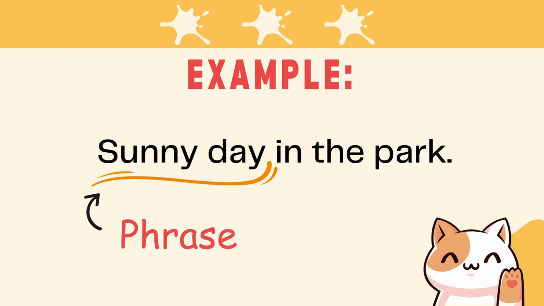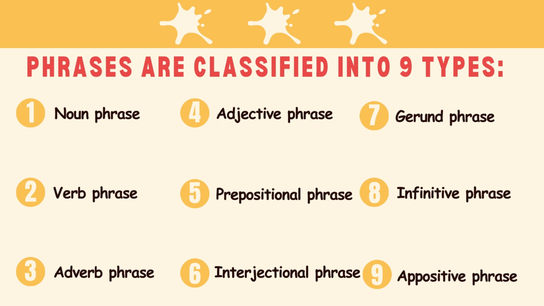For example, sunny day in the park. Sunny day is a phrase, and obviously it can't stand alone as a sentence. It's just describing how the day is in the park, which makes it function as a noun. And that's how we know that phrases have many types. Let's discover them.